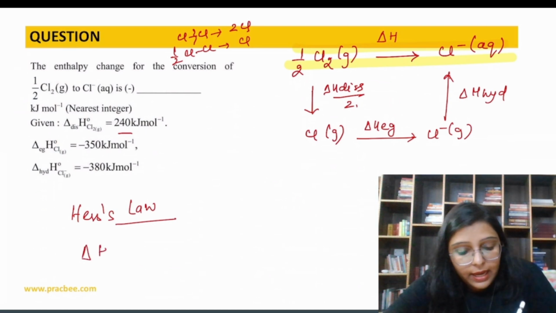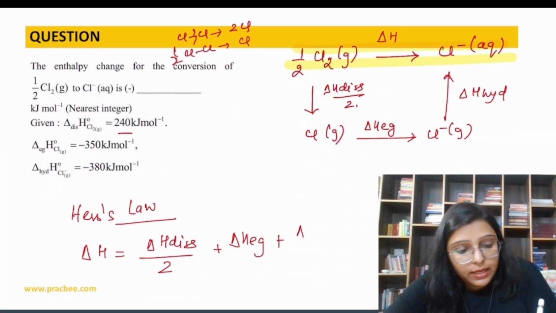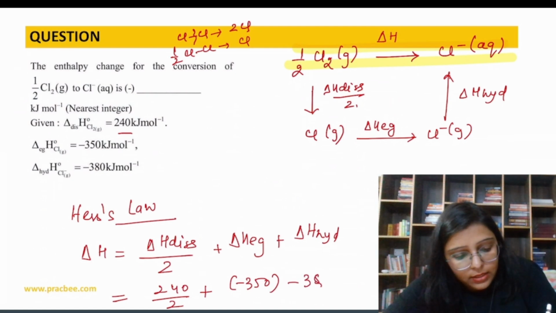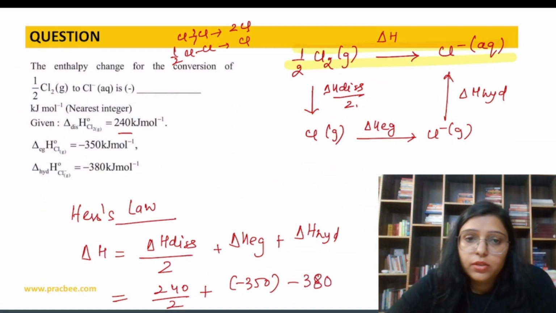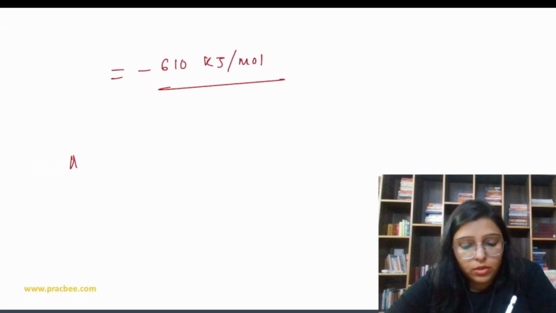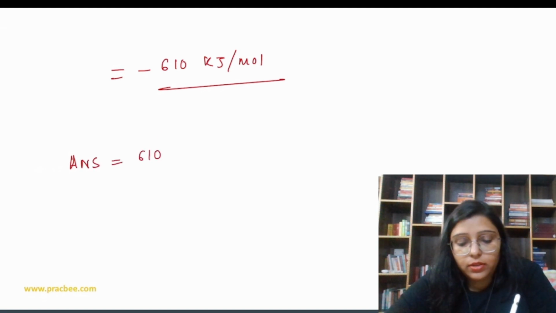So delta H is equal to delta H dissociation divided by 2 plus delta H Eg plus delta H hydration. So just solve it. Dissociation 240 divided by 2, electron gain minus 350 and hydration minus 380. So when you solve this, you get answer minus 610 kilojoule per mole. So answer is 610.